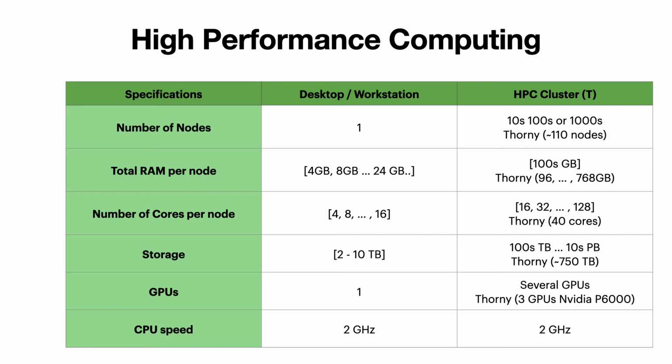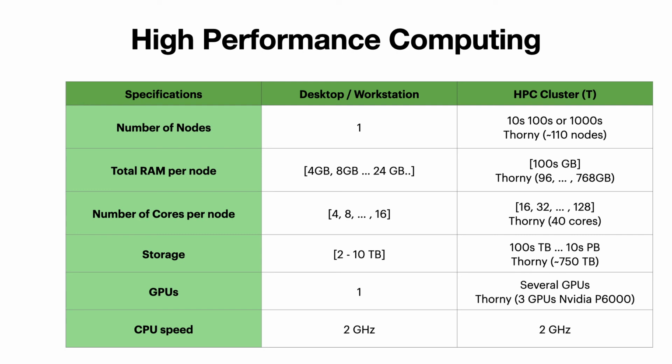And finally, I put this on purpose at the bottom, is the CPU speed. It's basically the same. There is not much difference in terms of speed between the CPUs on your computer compared with CPUs on an HPC cluster. They are roughly around 2 gigahertz.